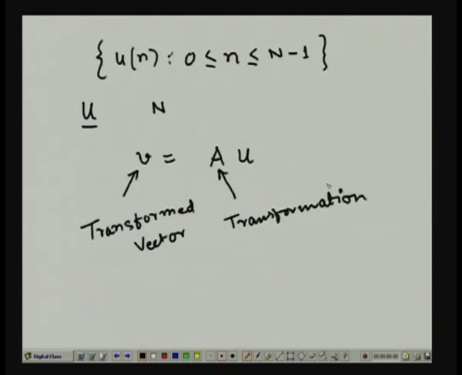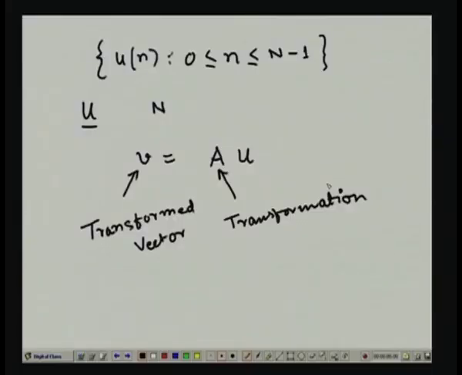So, what I have done is I have taken an n dimensional vector u, pre-multiplied it by a unitary matrix of dimension n by n, and after multiplication I got again an n dimensional vector v. By matrix equation this is v equal to A times u.